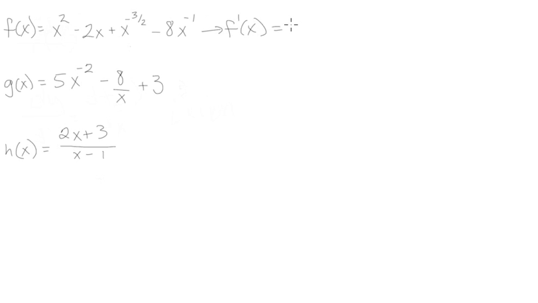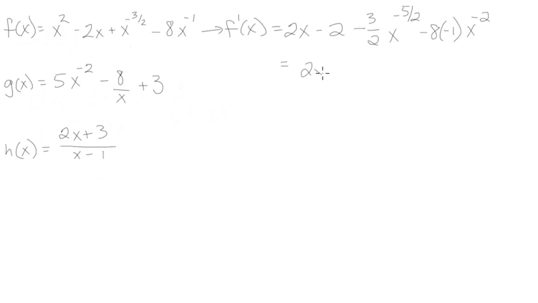The derivative of the first term is 2x, of the second term is negative 2. For the third term, we bring the exponent down and subtract 1. For the final term, we bring the exponent down, so that's negative 8 times negative 1, x to the negative 2. If you want to, you can simplify that a little bit more.